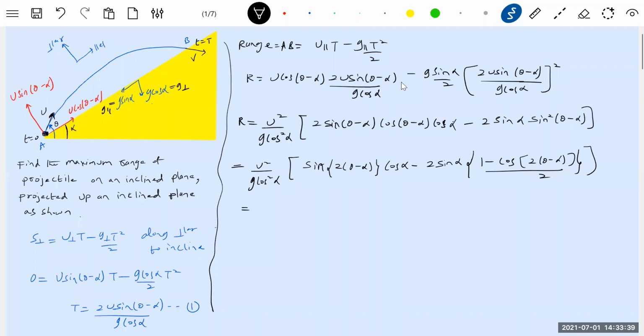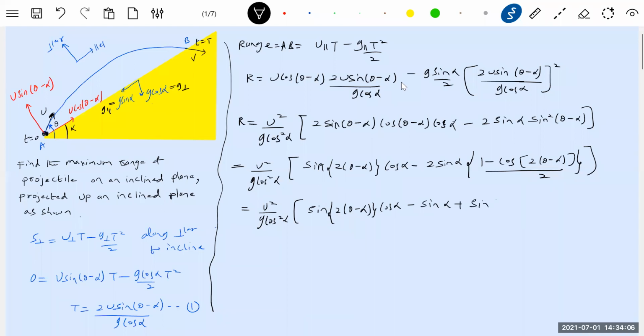Let's go for further expansion. u square by cos alpha. This will be sine alpha, plus 2 will get cancelled out.